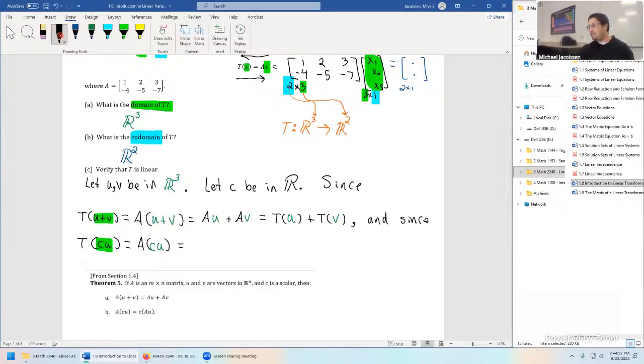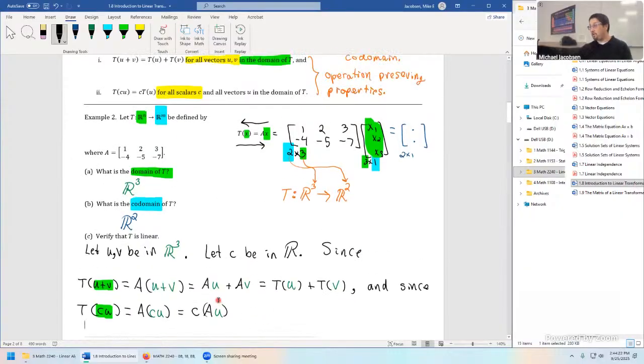So by that property, this could be rewritten as C times A times U. We're allowed to associate this way as well to emphasize this part. And that's helpful for us because now, just like in the last part, we're going from A times X, X just happens to be U, and rewriting it with the mapping T. This turns into T times U.